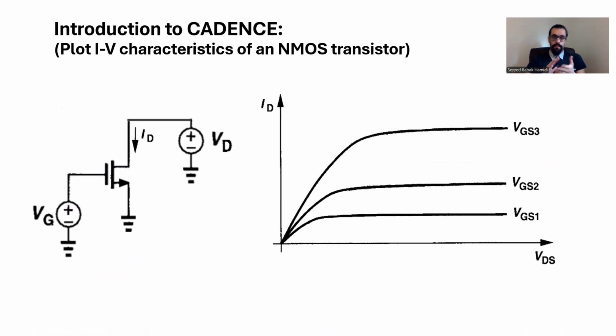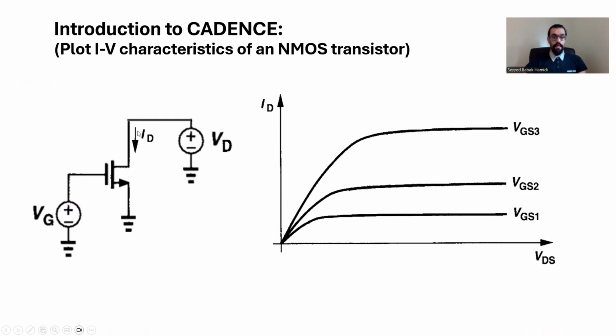Just as a summary, before we log into Cadence, the goal in Cadence is to plot this IV characteristic of an NMOS. This is the slide that we're going to come back and forth to when we go to Cadence. This is the simplest circuit that we want to do: the 4-terminal transistor. We will put a DC voltage VG on the gate and VD on the drain, and your source is grounded.